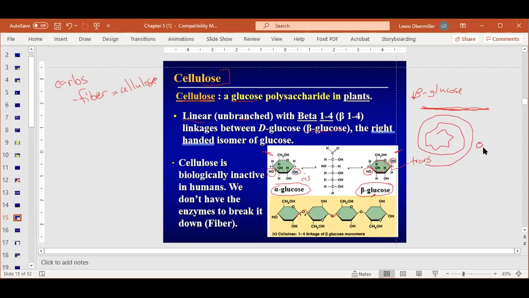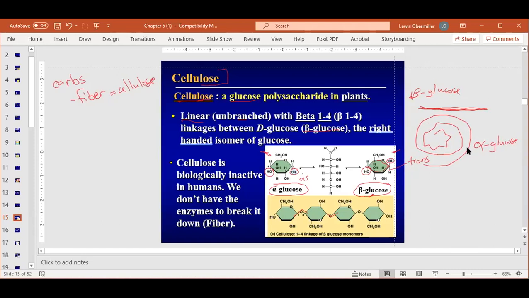So alpha glucose is more of a helix. Beta glucose is flat. Now you might be like, what's the difference, or why is that important? And I'm going to show you in a second. But what I want you to remember is that cellulose is called fiber, right? It's made out of glucose, so it's an isomer of glucose.